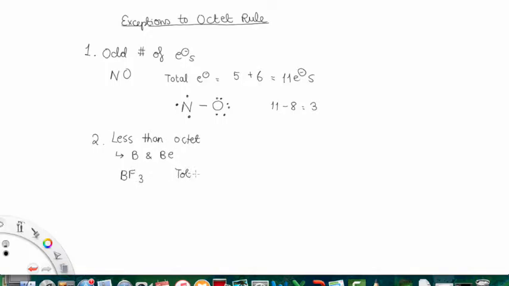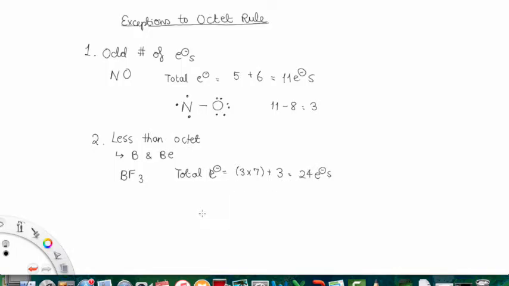As always, the total number of electrons is, we have 3 times 7 for the fluorine, and then for the boron, we have 3. And we end up with 24 electrons. So now see, it's an even number, but it's still an exception to the rule.